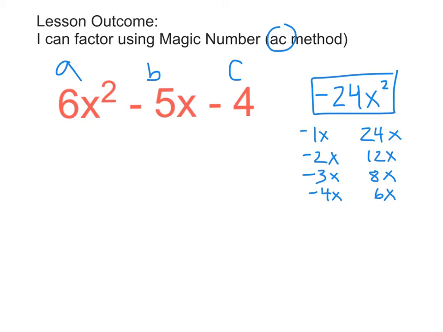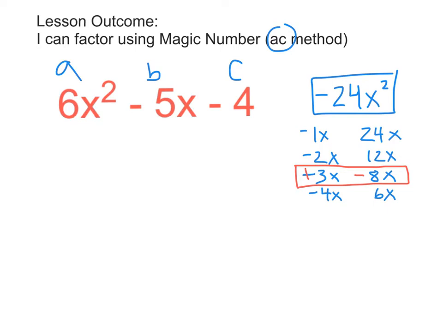And what you should have noticed is that this is almost the correct set of factors, but in order to get a negative 5x, you need to change this to a positive 3, and the 8 needs to be negative, because positive 3x and negative 8x add up to negative 5x.